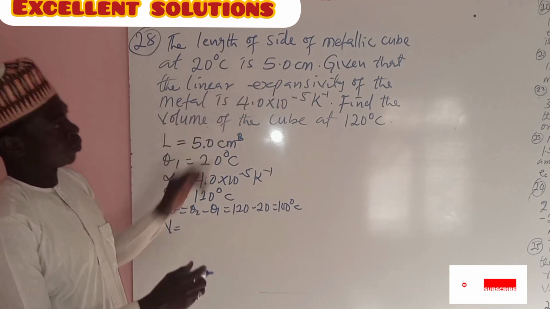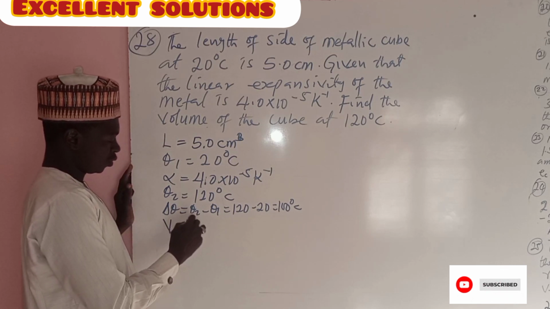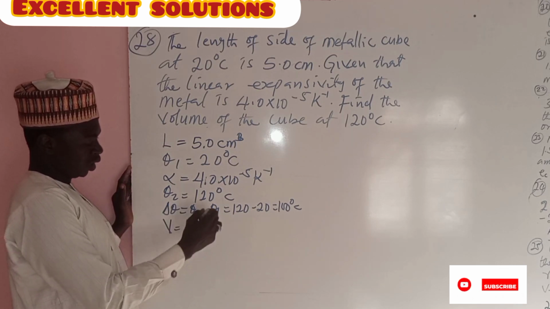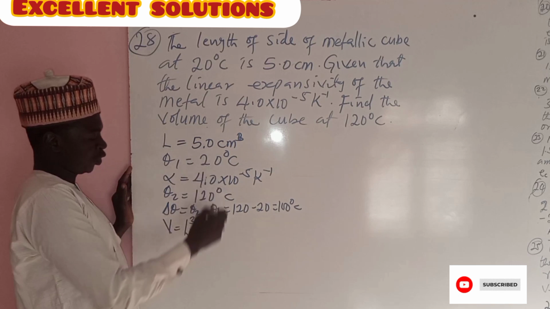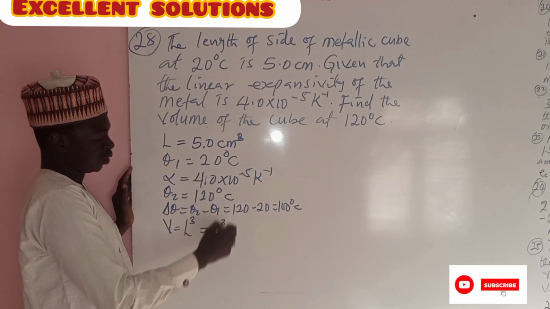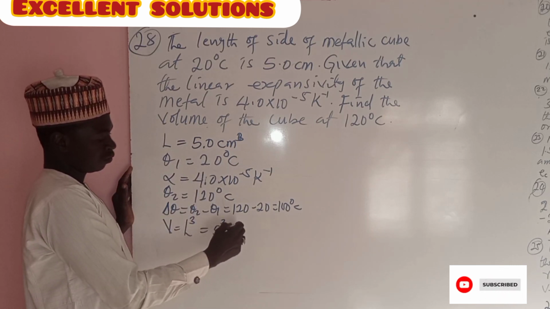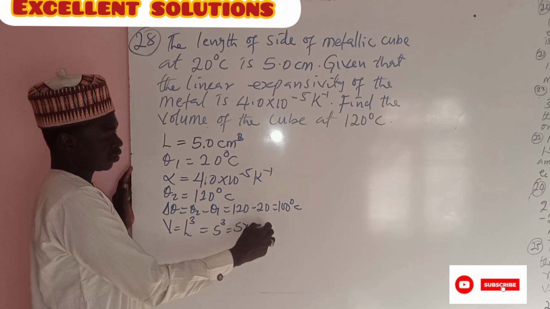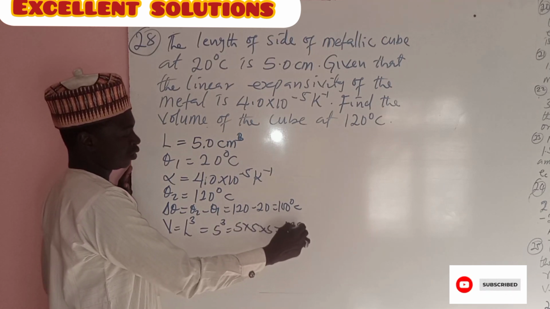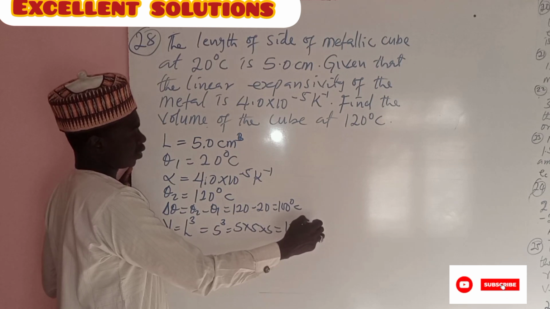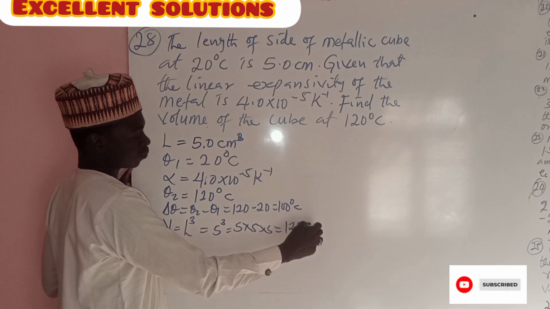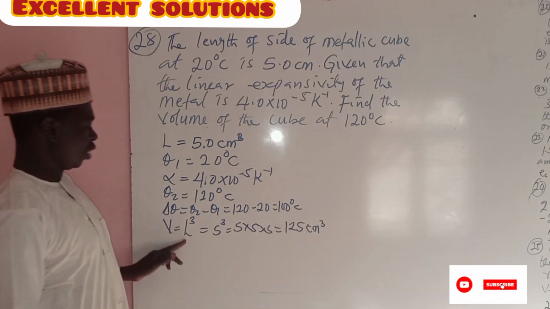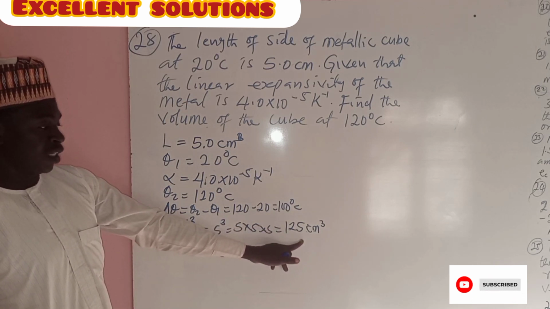Since it is a cube, it is L cube. So if volume is equal to L cube, our L is 5.0. So 5 cube is the same as 5 times 5 times 5, and that is 125 centimeter cube. Our V1 equals 125 centimeter cube.